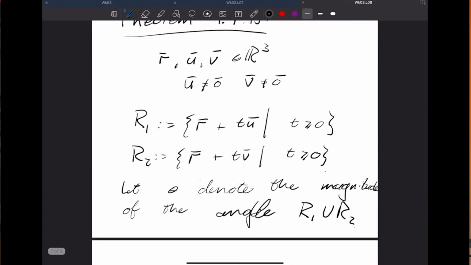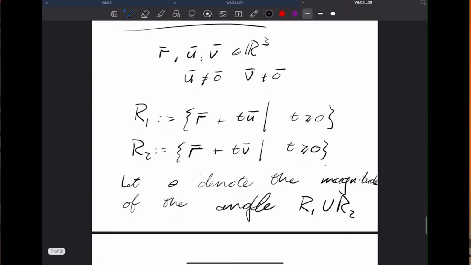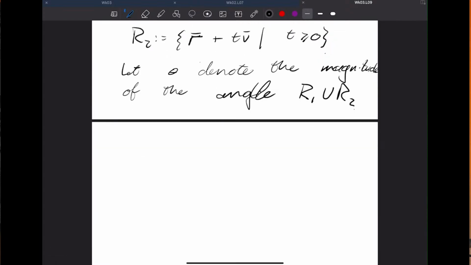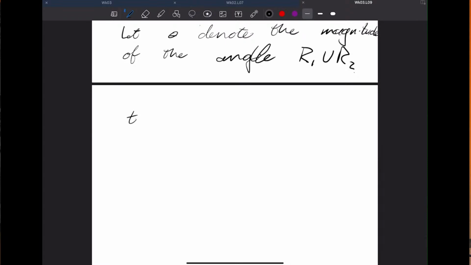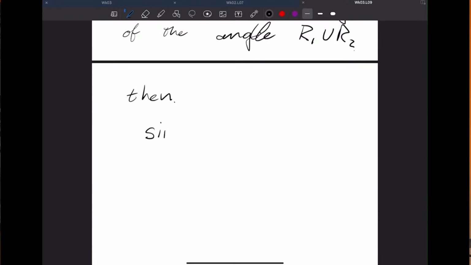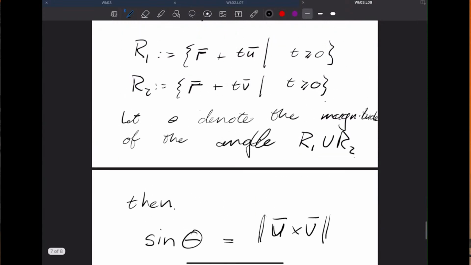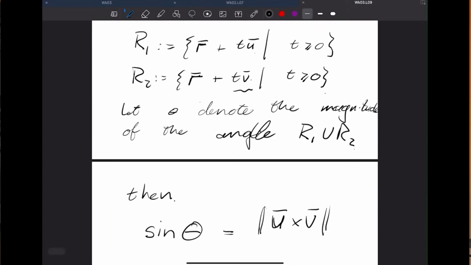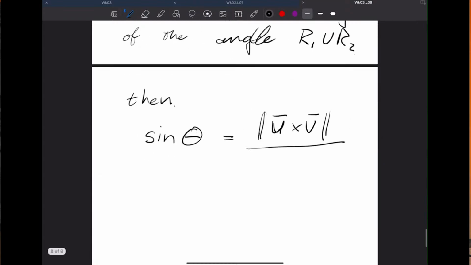So we've got these two rays that have the same origin, so they form an angle, and now there is a relationship between the magnitude of the angle and the cross product, and the relationship is the sine of the magnitude of the angle is equal to the length of the vector u cross with v, so the norm of the cross product of the two direction vectors of the rays, divided by the lengths of these direction vectors.